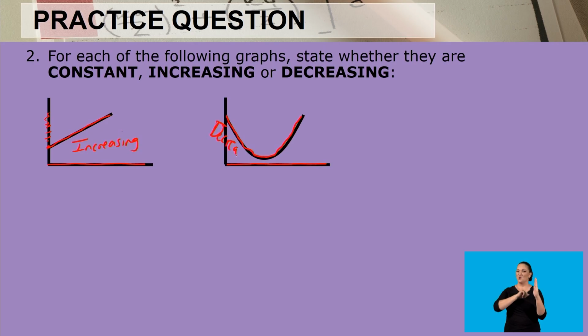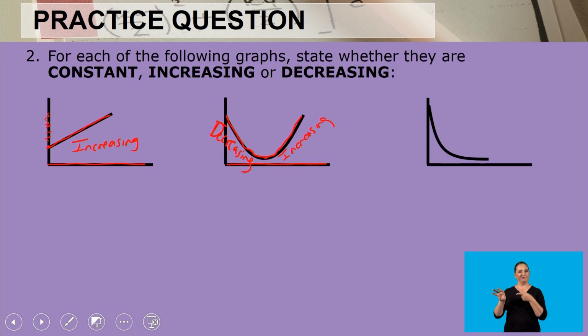And why are we saying that it's decreasing? It is because our vertical values are going down as our horizontal values are going up. And then what happens when it gets to this point where it turns? Then we can see that it starts increasing. So our graph starts off decreasing and then it increases.